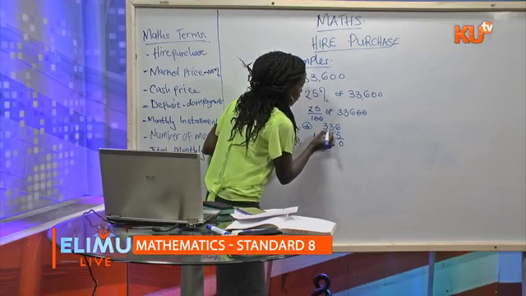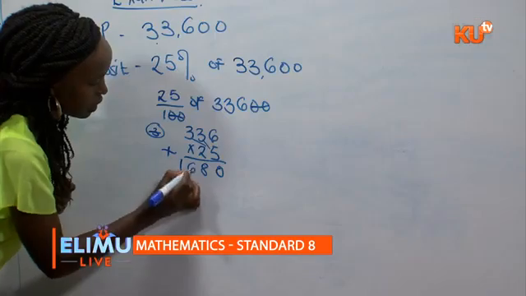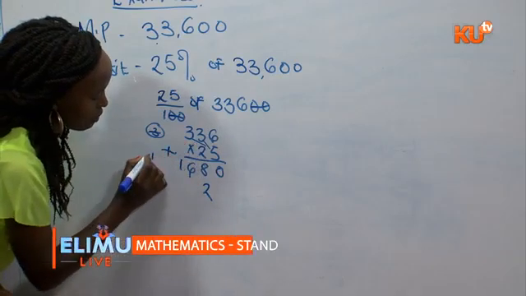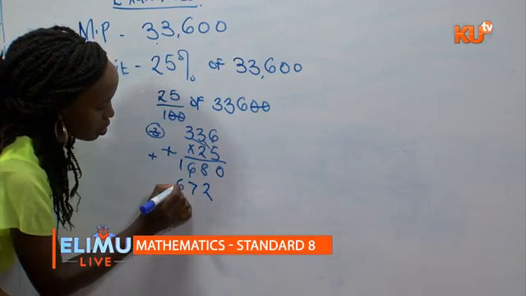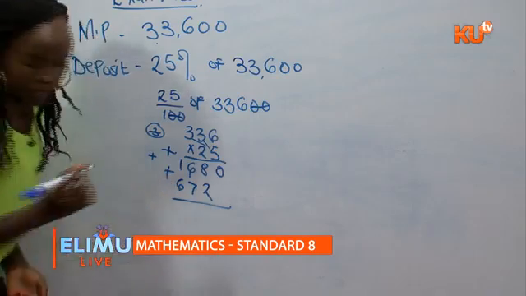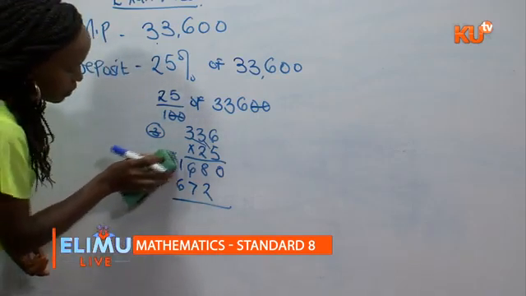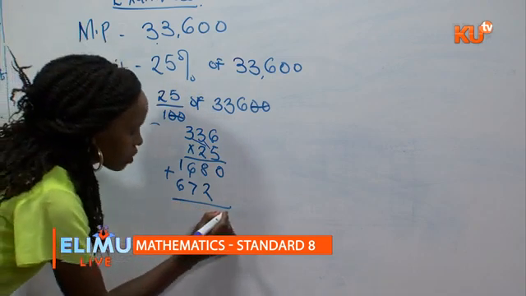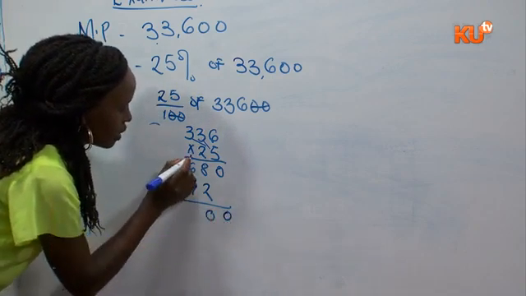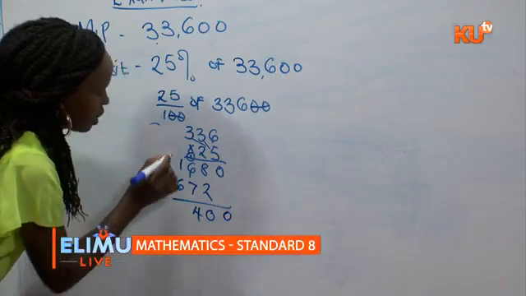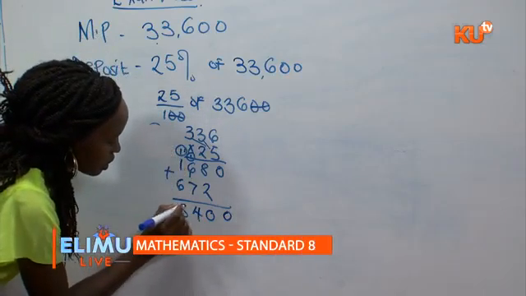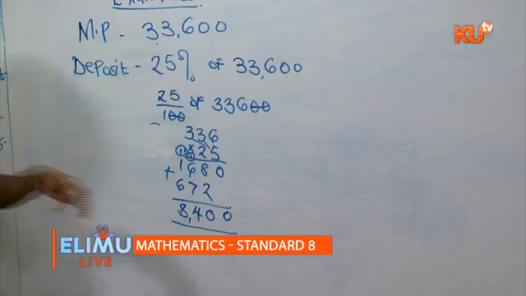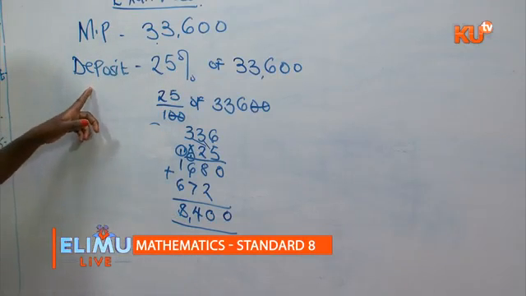Carry 1, 15 again, 16. Then 2 times 6, 12. Carry 1, 6, 7. And then 6. Then we add. Zero, 10, carry 1, 14, carry 1, 8. 8,400. Now this 8,400 was the deposit.